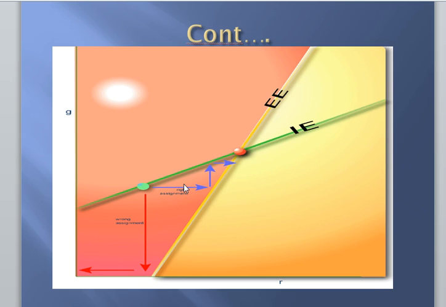Otherwise, we choose the opposite policies, which lead to convergence to the overall equilibrium point. So this is the assignment problem. In short, the assignment problem just mentions what policy should be assigned for achieving external balance or internal balance. That is the proper selection of policies.